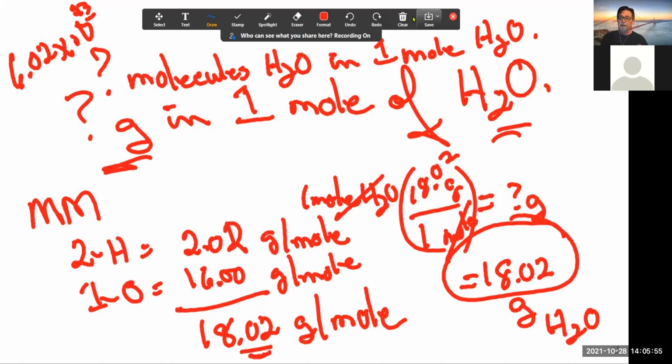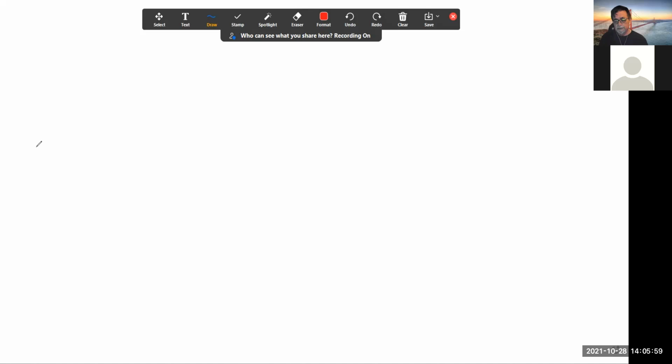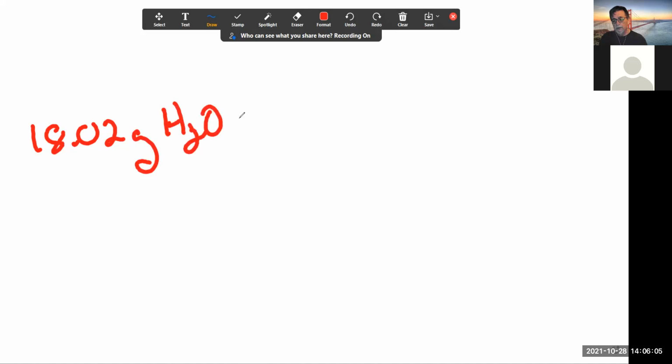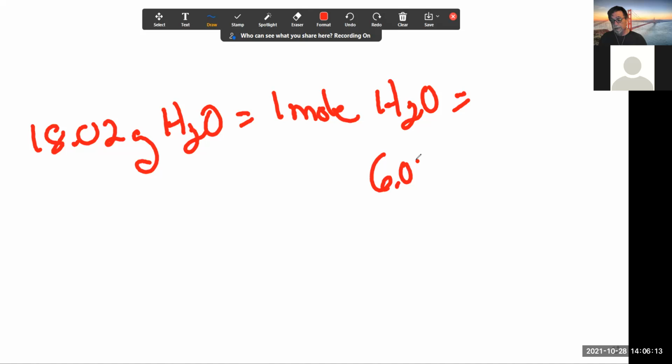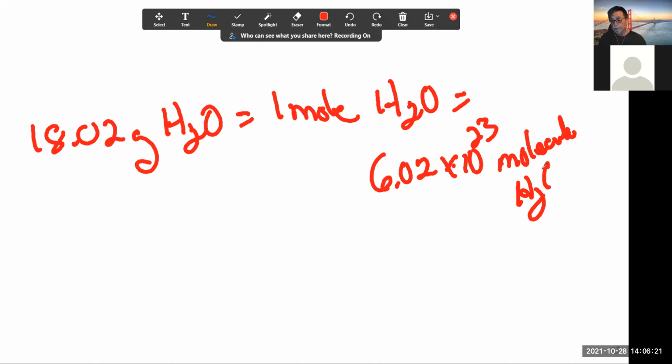Let me clear this up a little bit here and summarize all this. At 18.02 grams of water, H2O, that is equal to 1 mole of H2O, which is equal to 6.02 times 10 to the 23rd molecules of H2O.